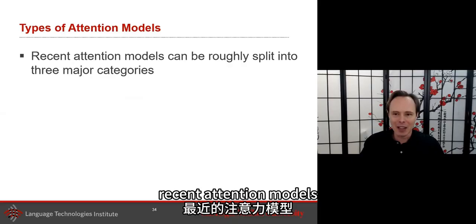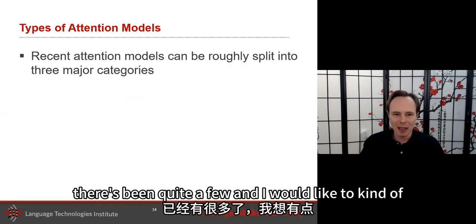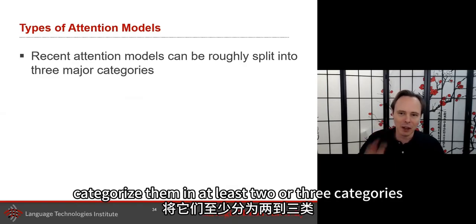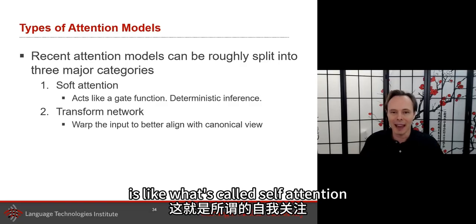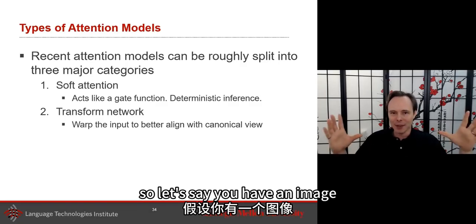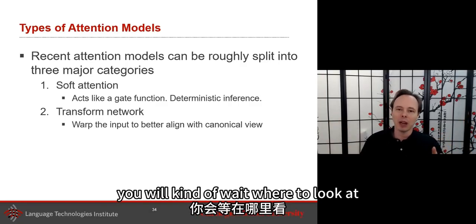There have been quite a few recent attention models, and I would like to categorize them in at least two or three categories. The most popular is what's called soft attention. Let's say you have an image, you will weigh where to look.